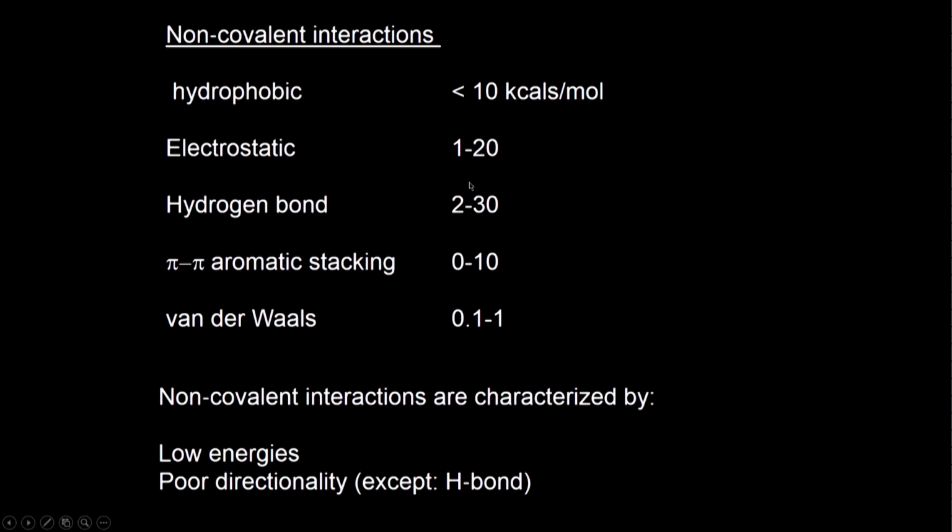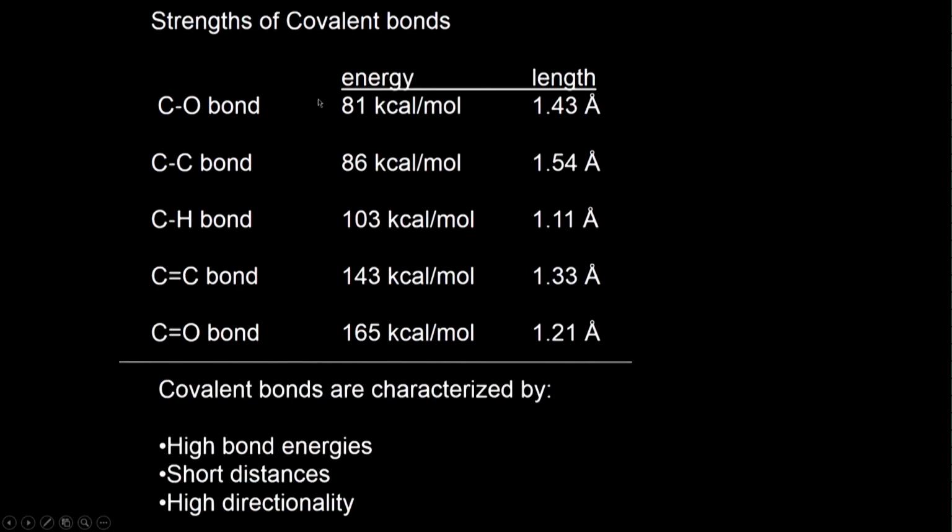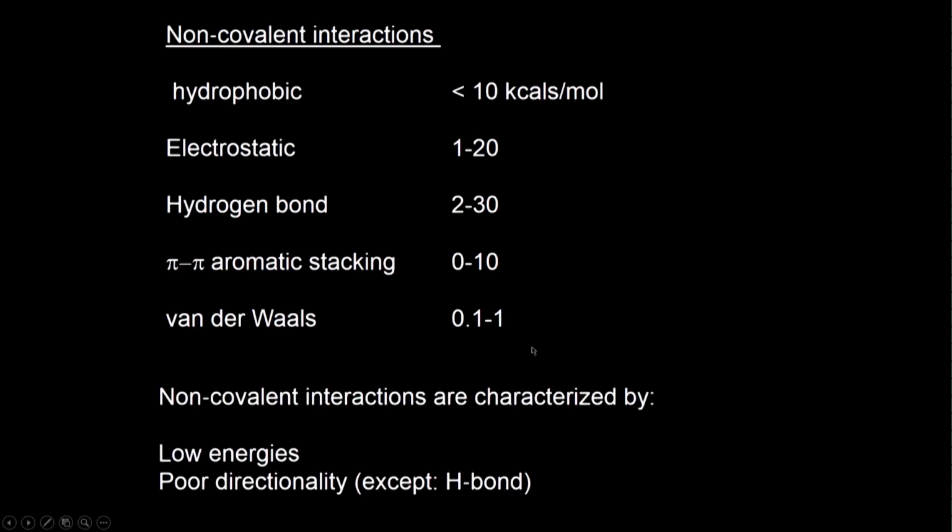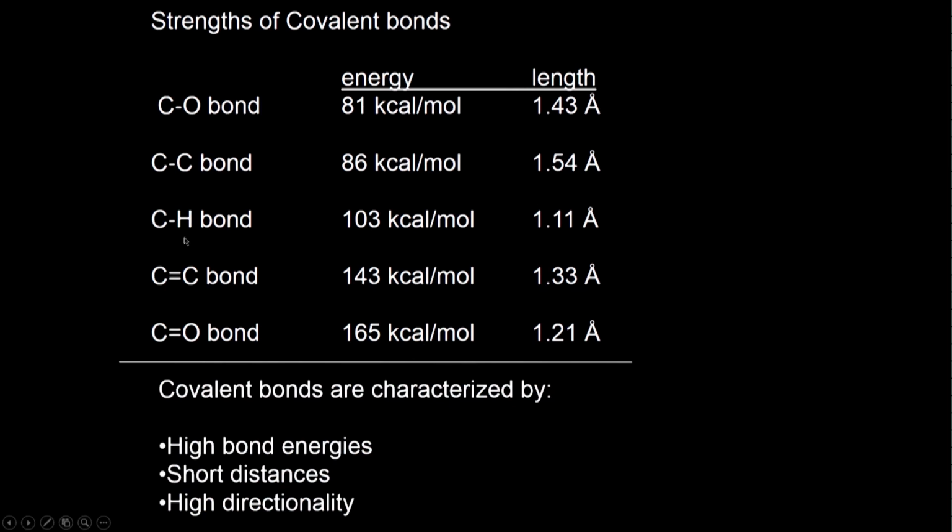Look at these numbers: 1 to 20 for electrostatic, hydrogen bond 2 to 30, pi aromatic stacking 0 to 10, van der Waals 0.1 to 1. Whereas look at these big numbers, 80 to 160, these numbers are 1 to 20. So non-covalent interactions are characterized by low energies and poor directionality; the direction is not very fixed unlike the covalent.